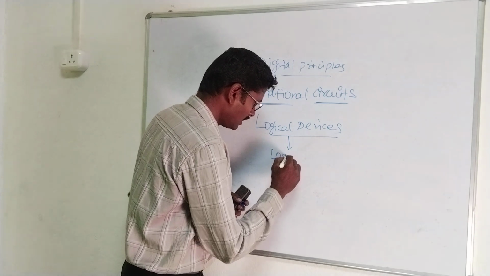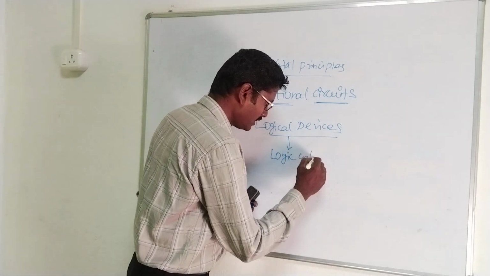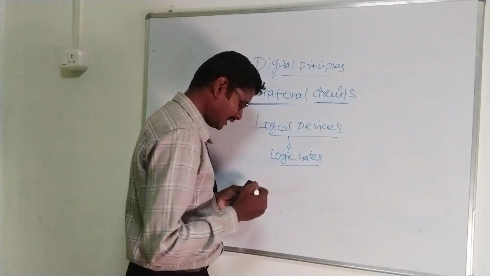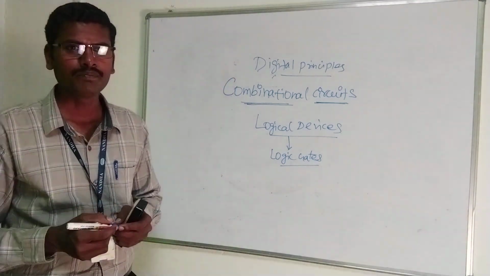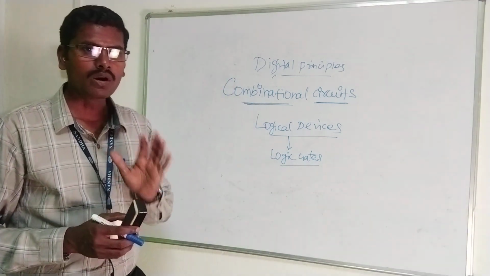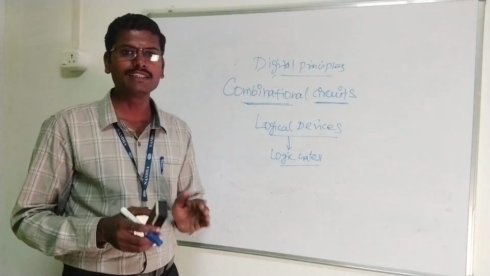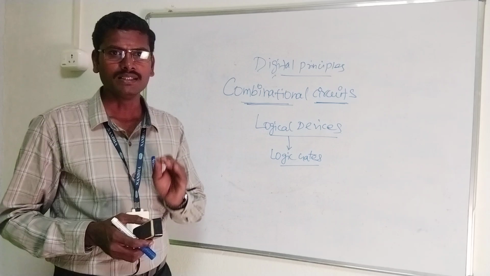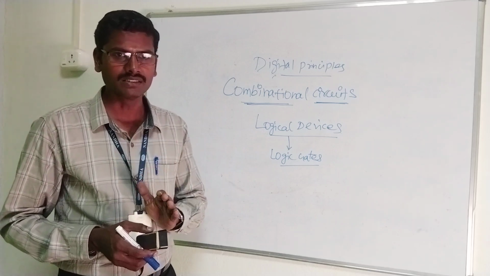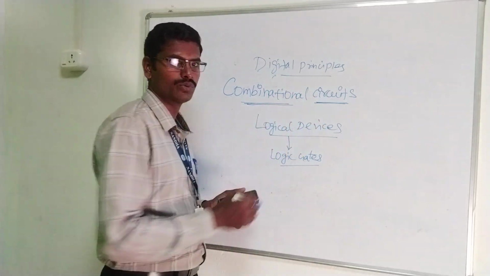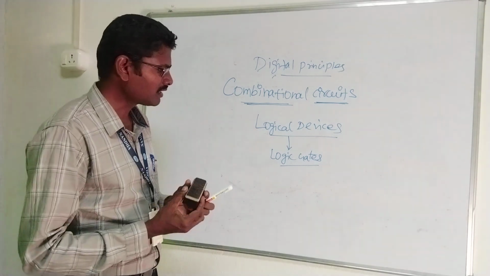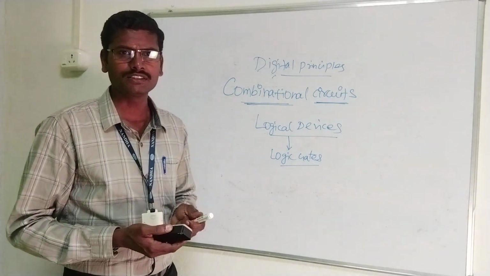If an electronic circuit has only logic gates to perform some arithmetic and logical operation, then the circuit is named a combinational circuit.